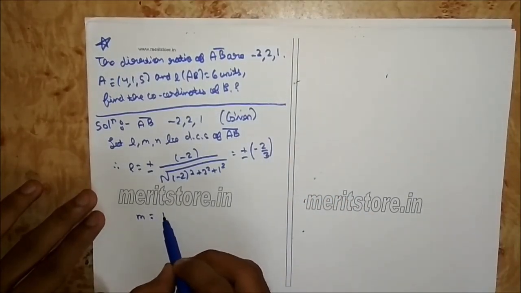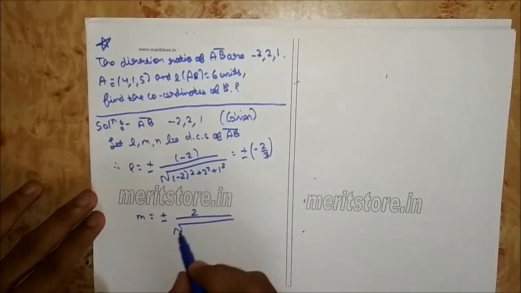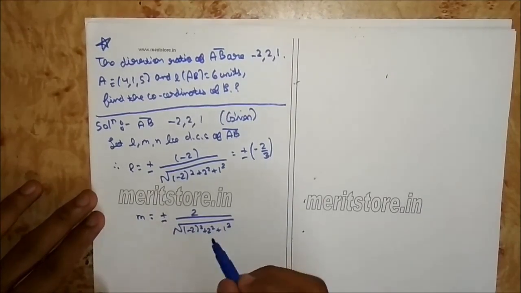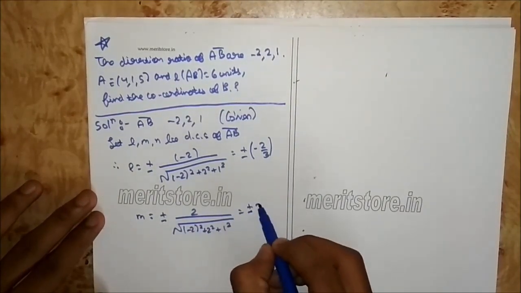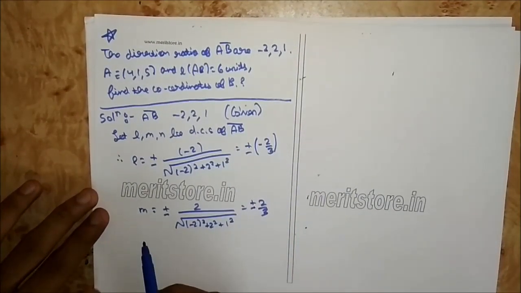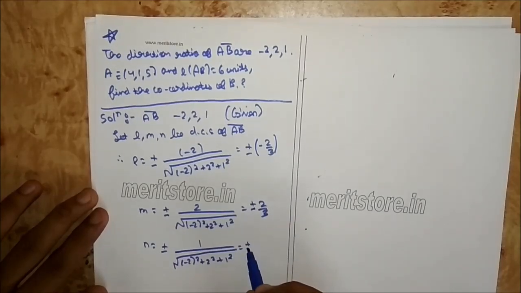M is equal to plus or minus 2 upon the same root, which is plus or minus 2 by 3. N is equal to plus or minus 1 upon the same root, which is plus or minus 1 by 3.